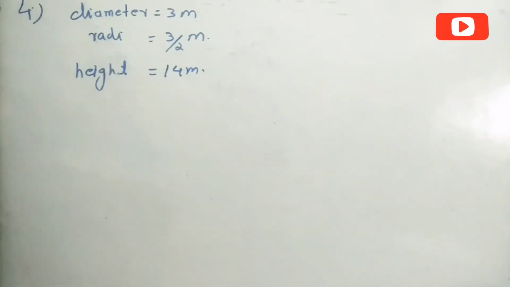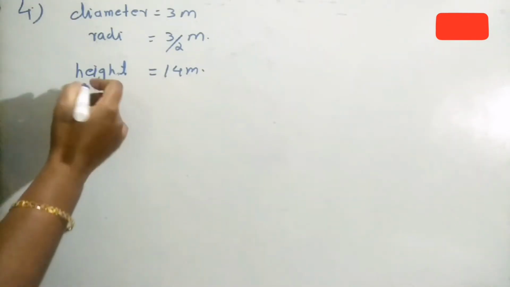Therefore, the volume of earth taken out by digging the well is equal to the volume of the cylinder, since the well is in the form of a cylinder.